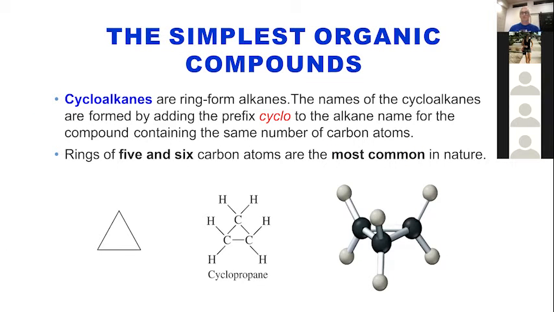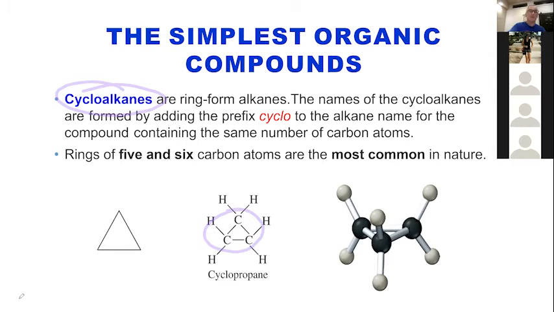We can also make rings, and we call these cycloalkanes. They're not really a circle, but they're in a ring. The very smallest number we can make is 3. But you really don't see that in nature very often, because each carbon wants to have a tetrahedral shape, and that particular structure keeps the carbons too close together.